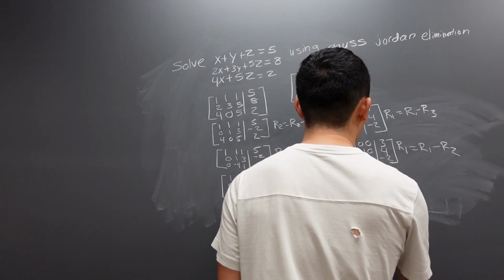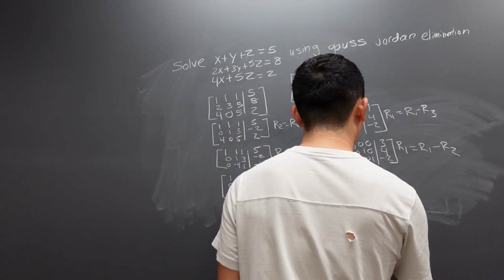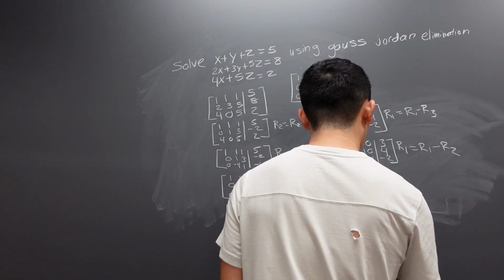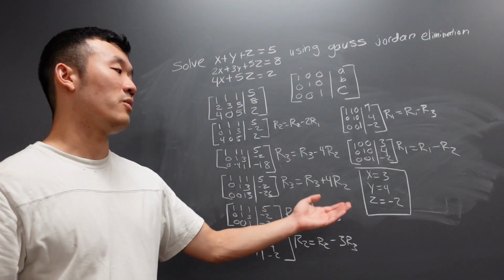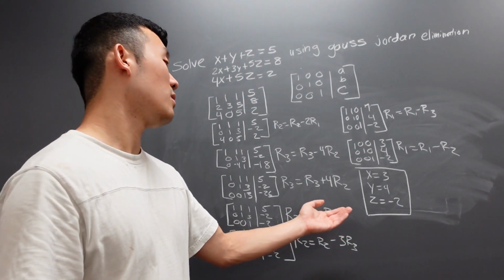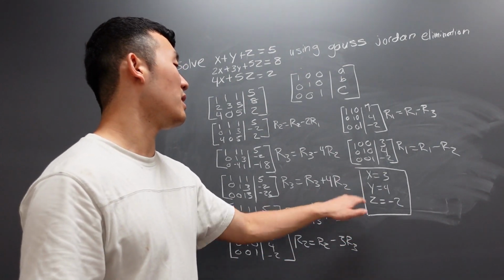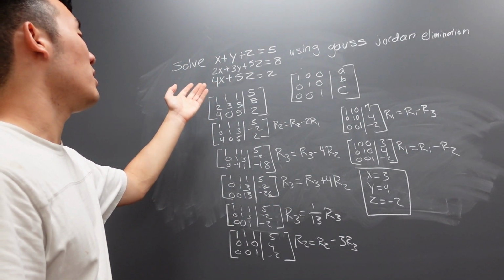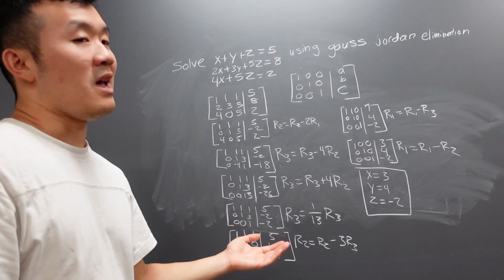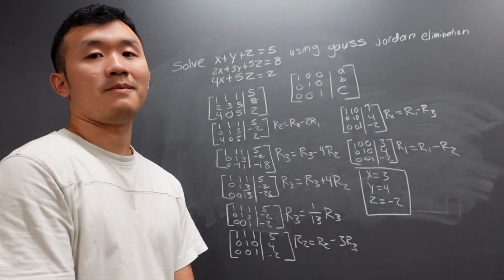So x is equal to 3, y is equal to 4, and z is equal to -2. And these are the solutions to our three linear equations. If you plug x, y, and z back into the three original equations, you should see that they all work.